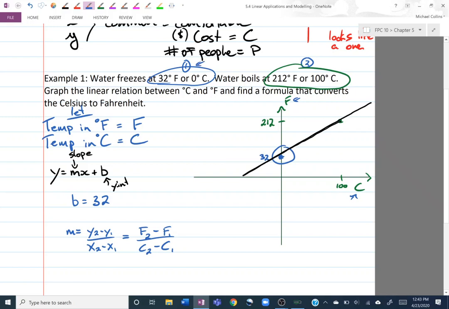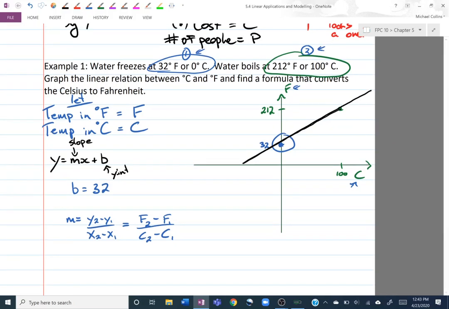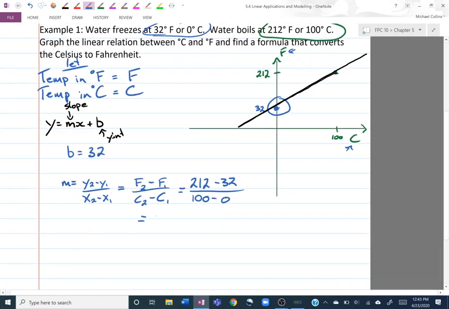Since I've already drawn these numbers up here, I've got my points. This is going to be f2, so 212, minus f1, which is 32, divided by my c2, which is 100, minus my c1, which is 0. I think if I plug this into a calculator, I get 180 over 5.